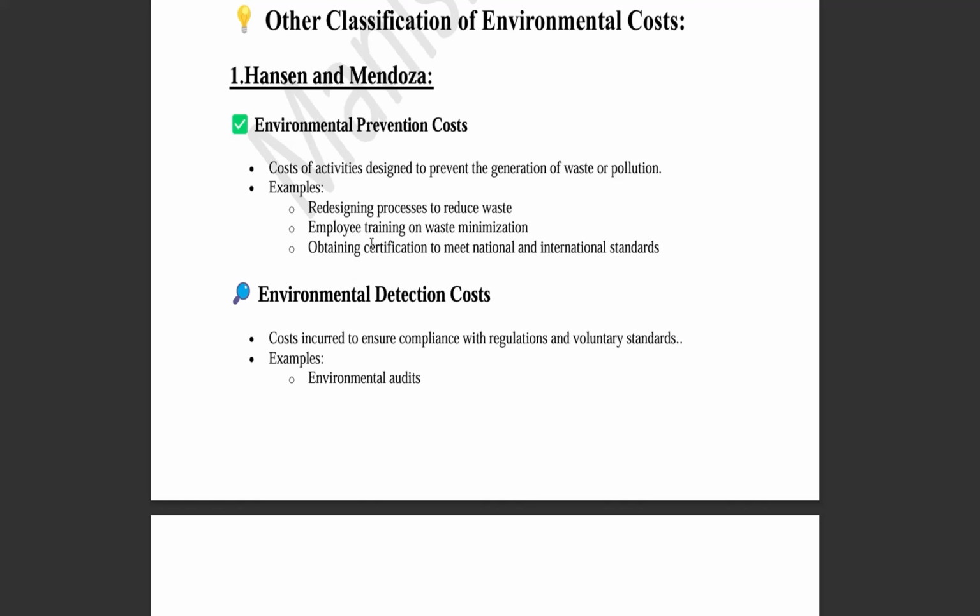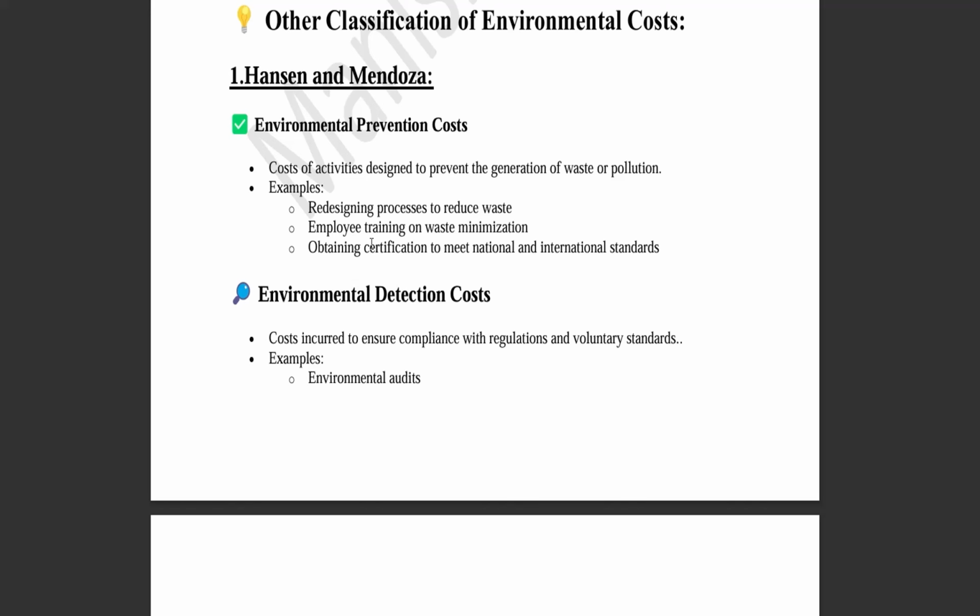Again, we are training the employees on how to handle things so that there will be a reduction in wastage. Obtaining certification to meet national and international standards is also a cost, because we are reducing our wastage and pollution and incurring cost to get a certificate of that. So again, it is environmental prevention cost.